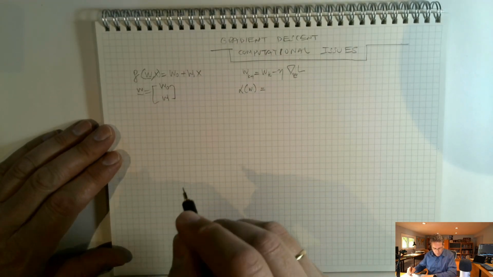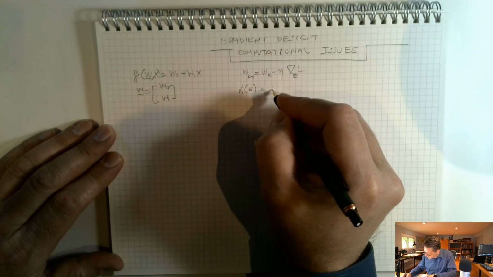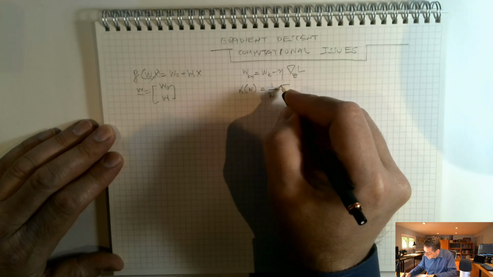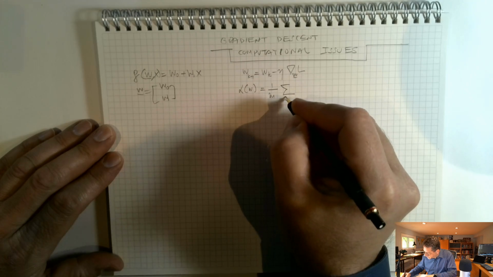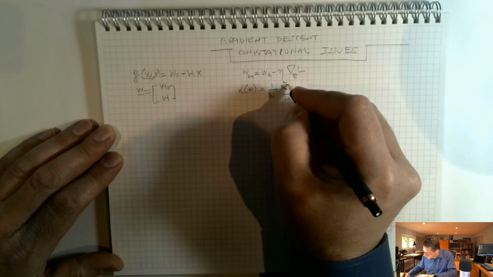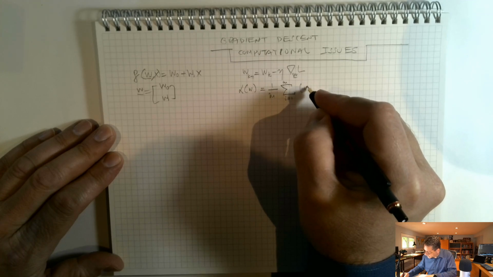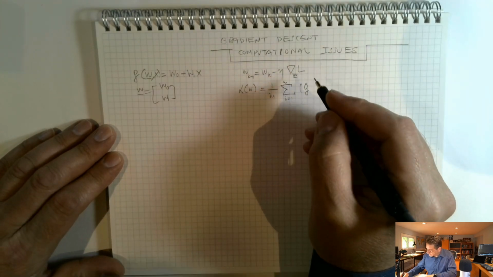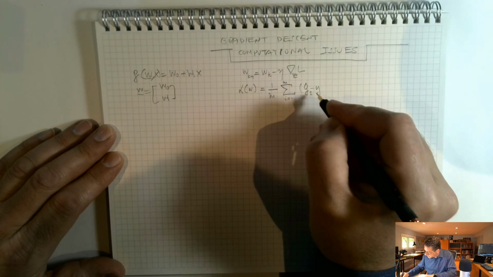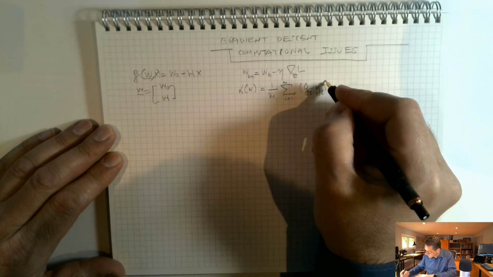The loss function is 1 over m, the summation from i equal to 1 to m of y hat minus y, this is the ith prediction, squared.